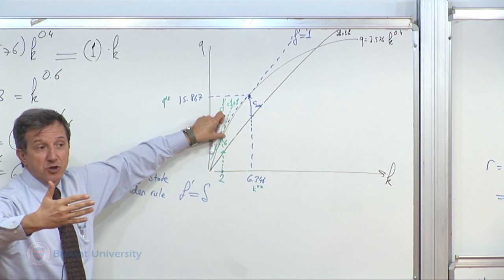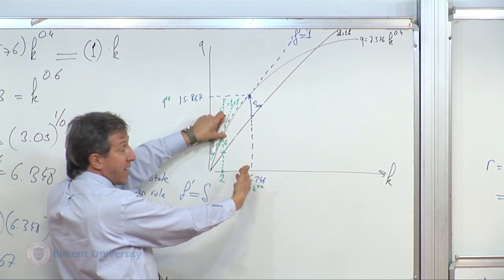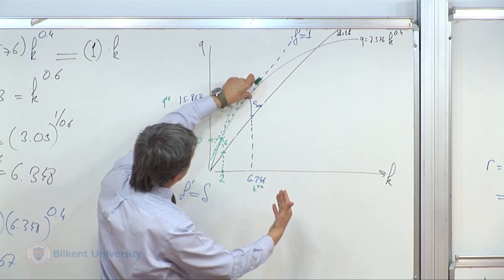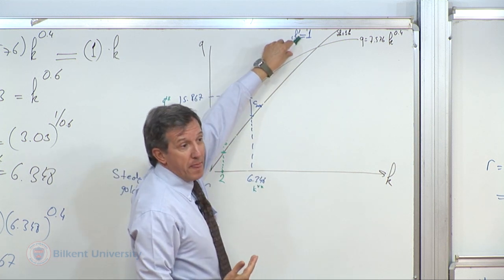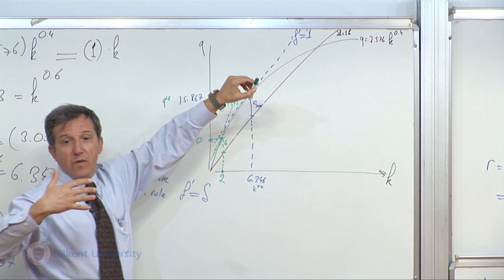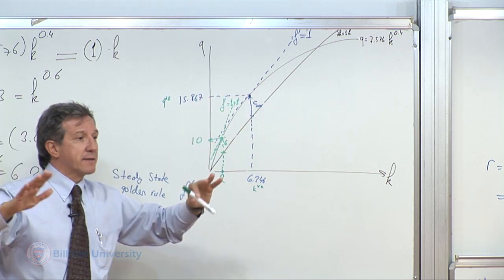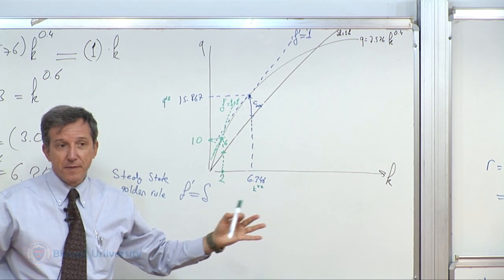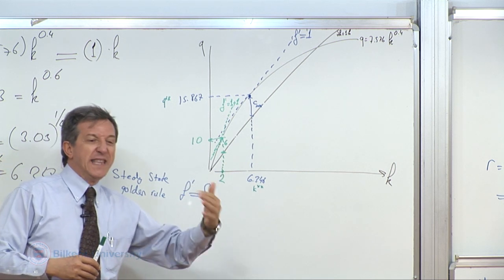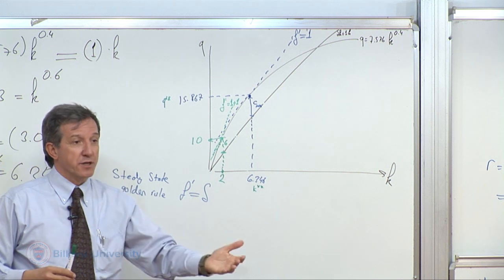As a result of diminishing returns, I have accumulated capital, the derivative has fallen, and it became 1. That unit is used entirely by depreciation. Marginal product is exhausted, and you have no new net profit rate to go any further.